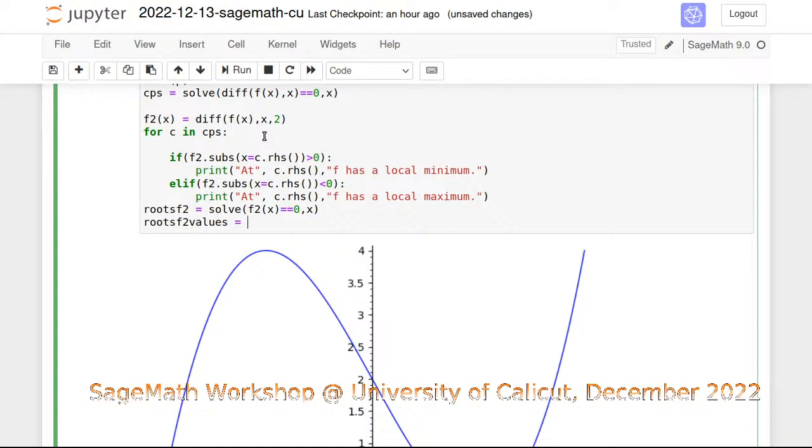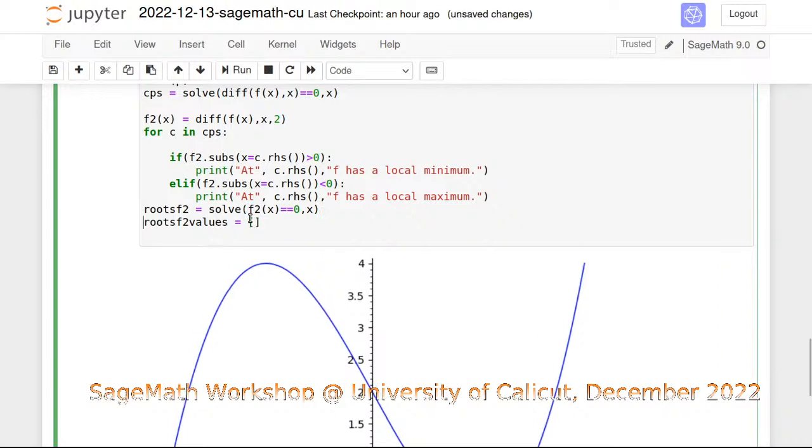The values we need. So we need to essentially take an empty list and fill the list with only values.